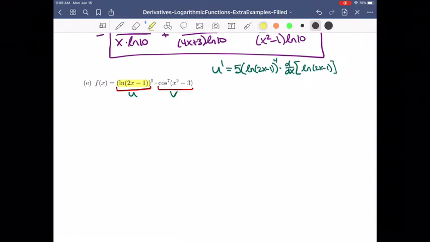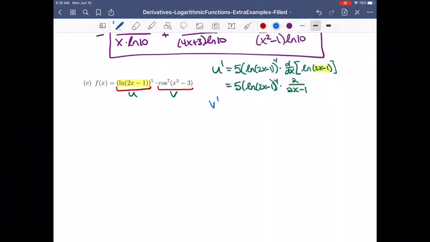Technically this is also another chain rule because I have 2x minus 1 inside the ln. So that's going to be 5 ln of 2x minus 1 to the 4 times 2 over 2x minus 1. So it's 1 over the thing times the derivative of the thing, so it's the derivative of the thing over the thing. Okay, so that's the derivative of u.